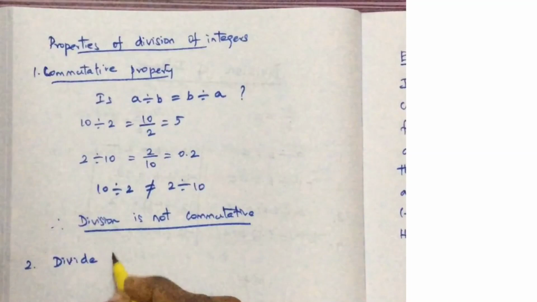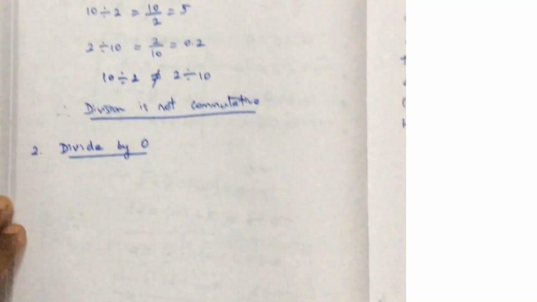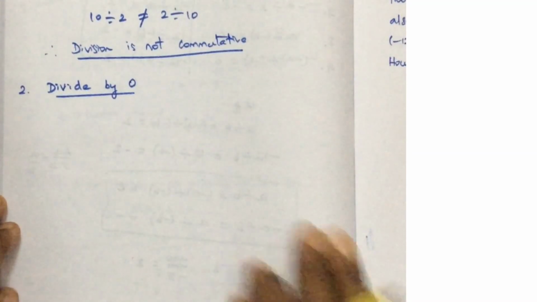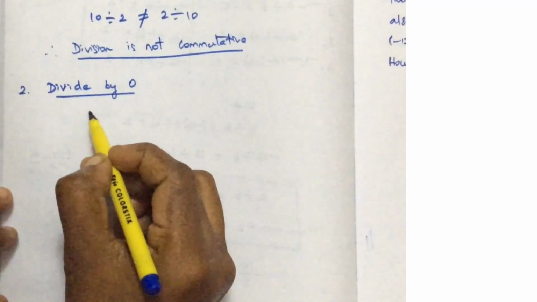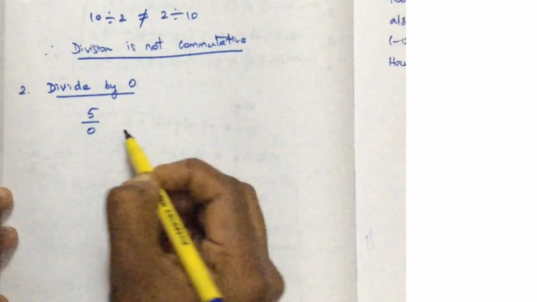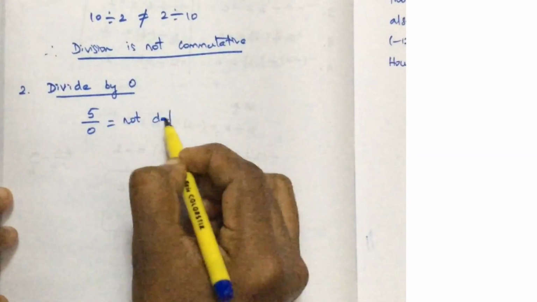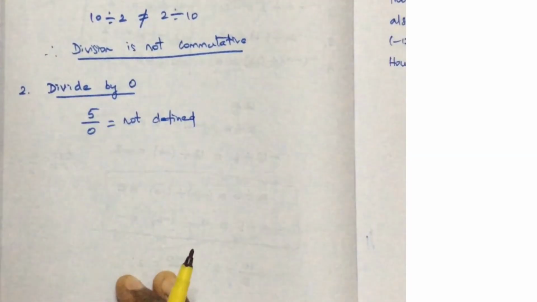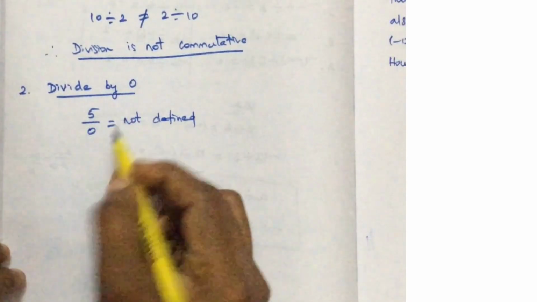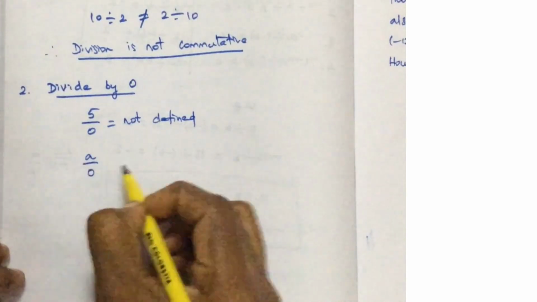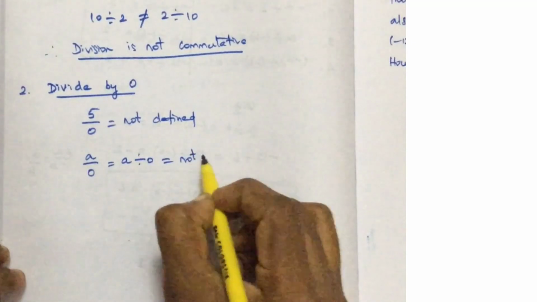Now next, you can learn about divide by 0. What will happen when you divide an integer by 0? Let me take any integer: 5 divided by 0 is not defined. You should not say 5 divided by 0 is 0. Any integer a divided by 0 is not defined.